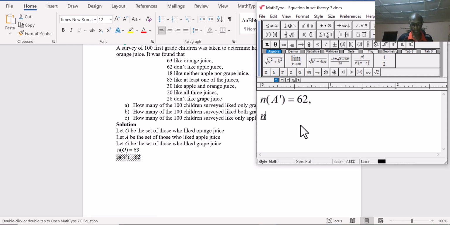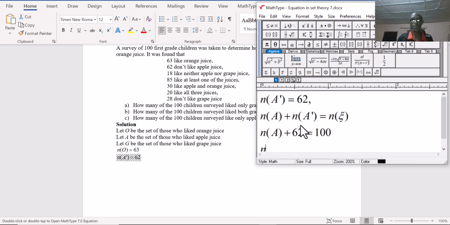So we have that will give you the universal. So we can get A plus 62 is equal to 100. Universal set is given to be 100.